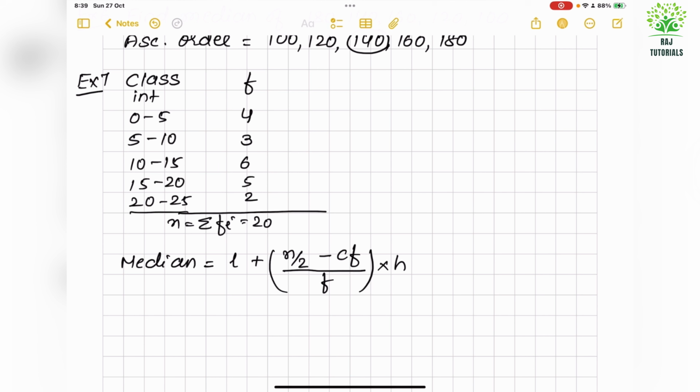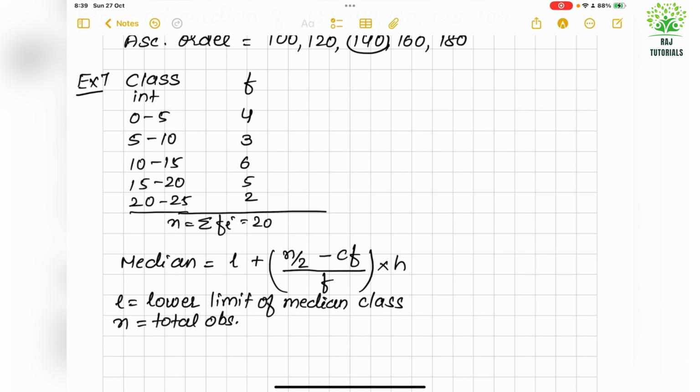Now see here L I don't know, so L is the lower limit of median class. Then n is total observation, divided by 2, so that will be n by 2. Then Cf is cumulative frequency.